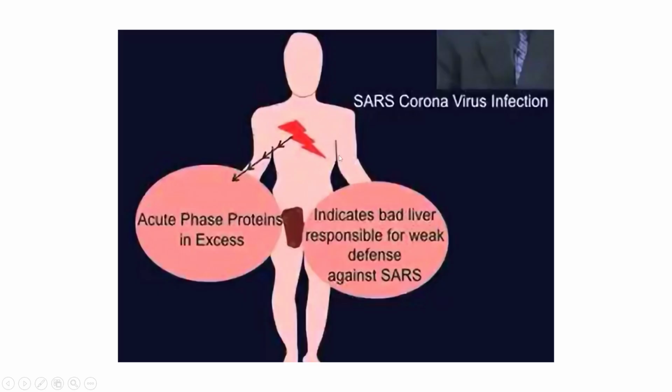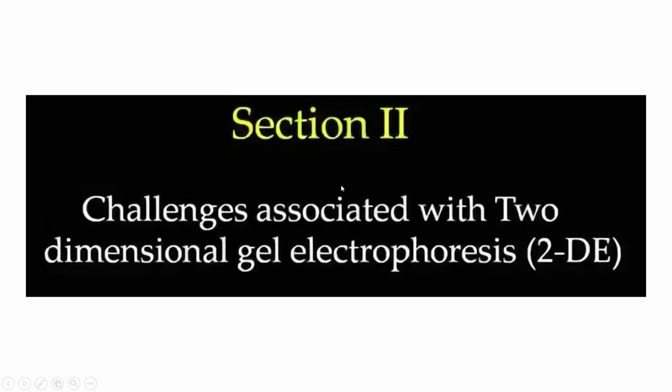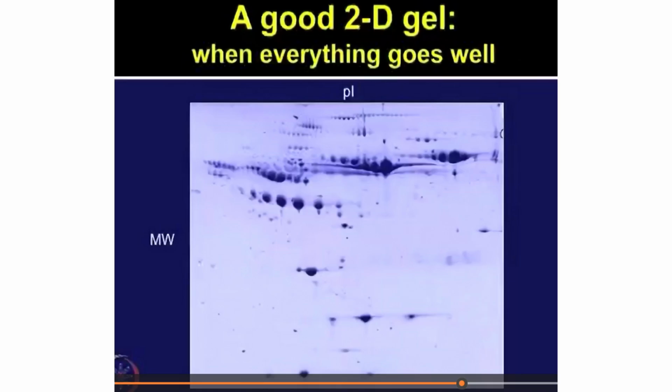All this can be analyzed accordingly. So these were a few applications, like Sir gave 3 to 4 applications that can be studied by doing this specific technique, 2D gel electrophoresis, and people can try to understand what proteins might be responsible, etc.